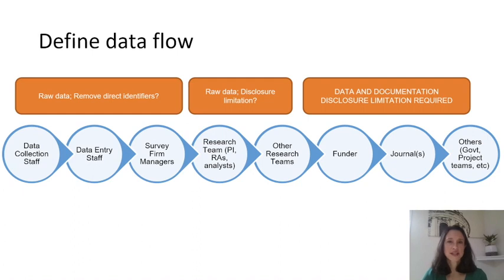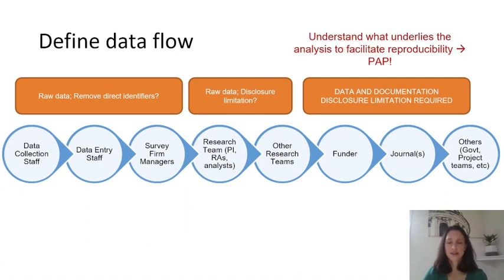Certainly removing direct identifiers and potentially starting to work on reducing re-identification risk through indirect identifiers. And as we move to funders, journals, other actors who may be interested in obtaining the data, this is where certainly we want to have the maximum appropriate disclosure limitation strategy implemented on the data to limit any improper disclosure risk.